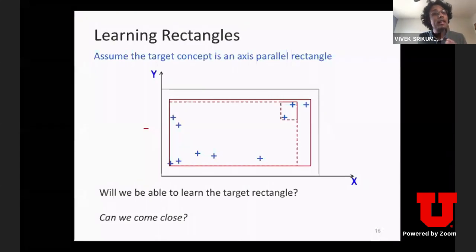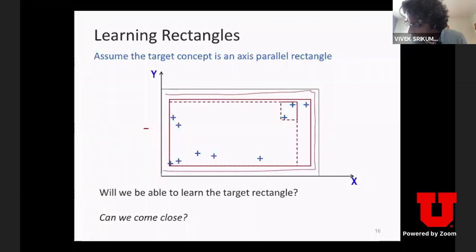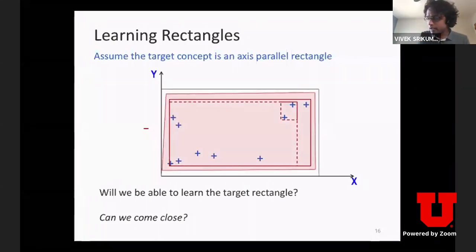We can do the latter, because the outside one and the inner one that covers the data are equivalent: both of them separate the positive and the negative points, but they are not identical.